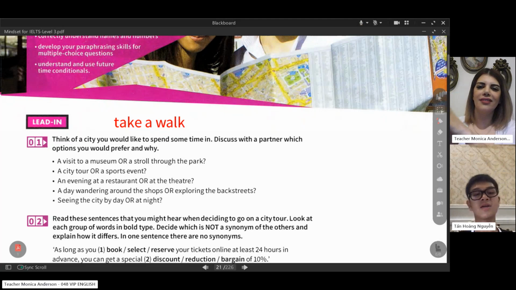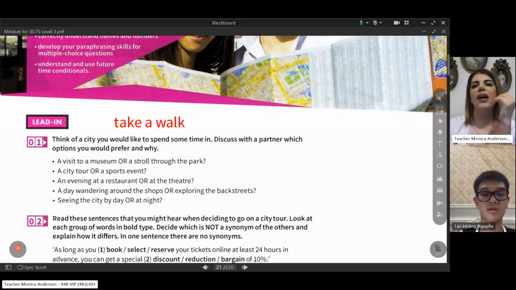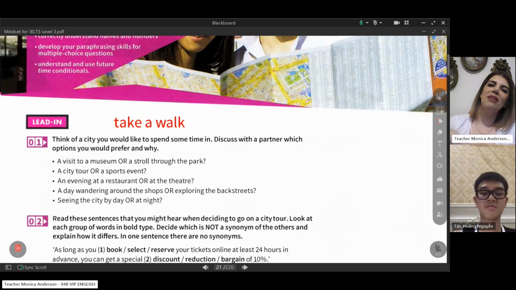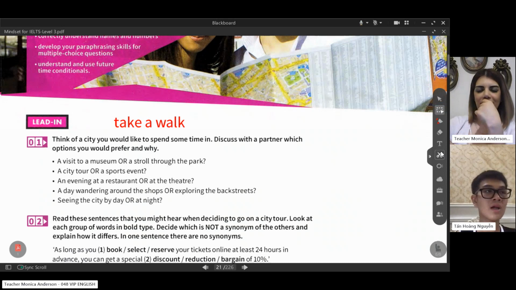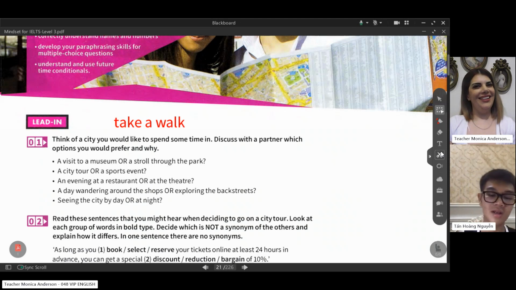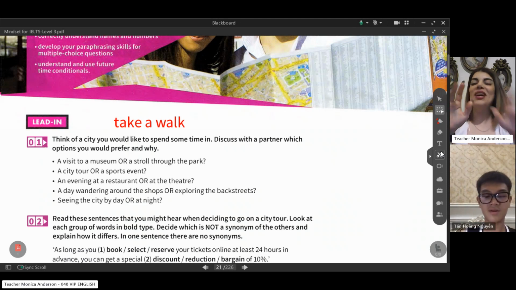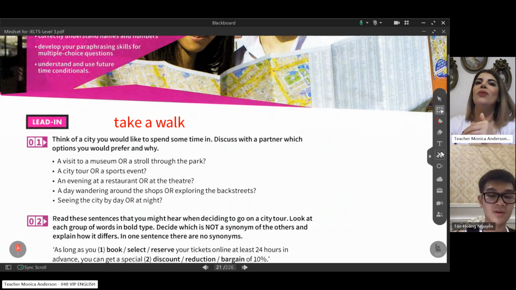I think I will choose a stroll through the park. Yes, good. And can you tell me why you don't prefer to visit the museum? I think it's a waste of your time when visit to a museum because... When visiting. Do you know after "when" you need to use the -ing form? When visiting a museum, so you don't need to say "visit to a museum" again.